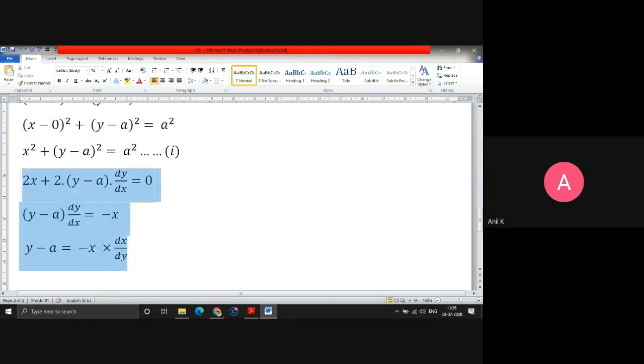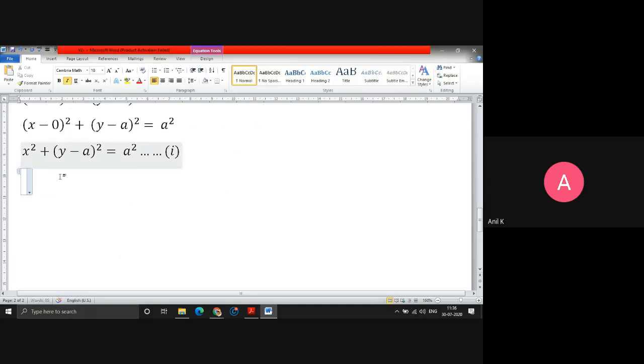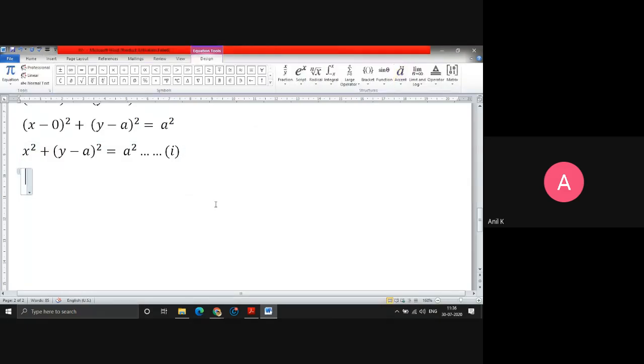So instead of this, just expand this term. Instead of equation 1, you expand with the a minus b whole square formula and see what you get. X square plus this will become y minus a whole square, that is y square, then you get plus a square, then you'll get minus 2ay is equal to a square.